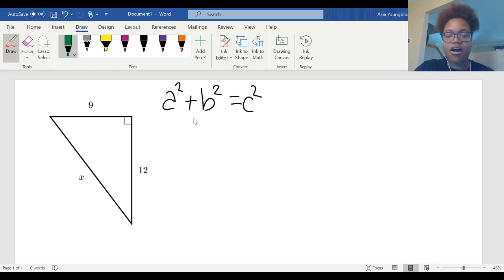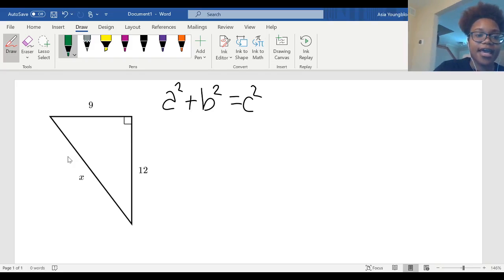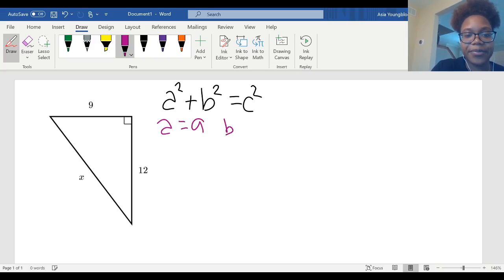A and b are the legs of the right triangle, or the sides of the right triangle that make the right angle, and c is the hypotenuse of the right triangle, or the side that is across from the right angle.